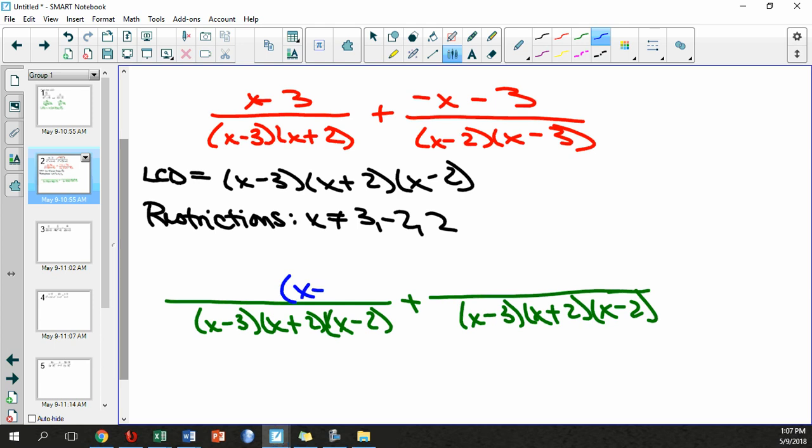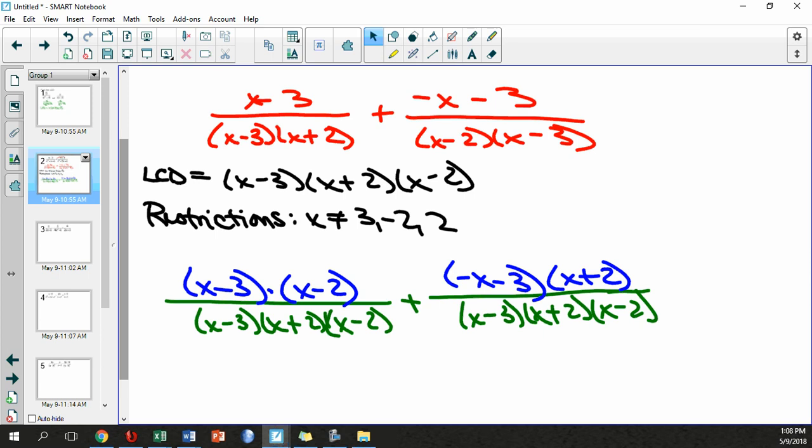You tack on an x minus 2, but you drop down the current numerator of x minus 3 in parentheses. Can you see that? Super important that you have parentheses around that. Second fraction, red denominator. What did I do to the second red denominator fraction to get the green denominator fraction? So we're going to tack on the x plus 2 and drop down negative x minus 3. Marry them. Solve it. Go.